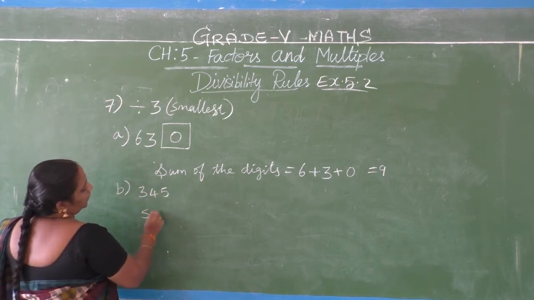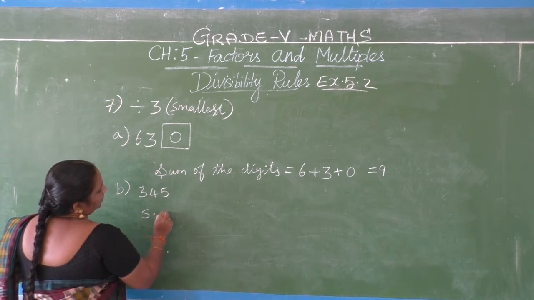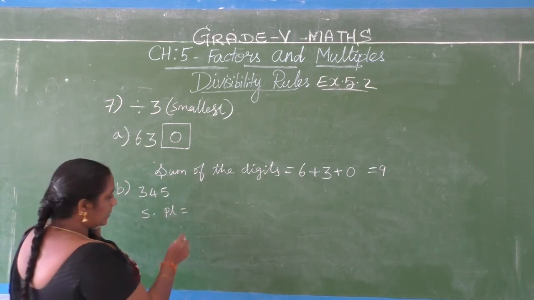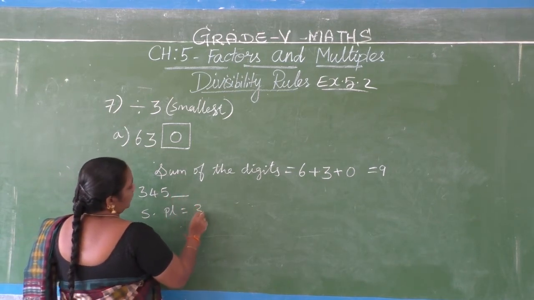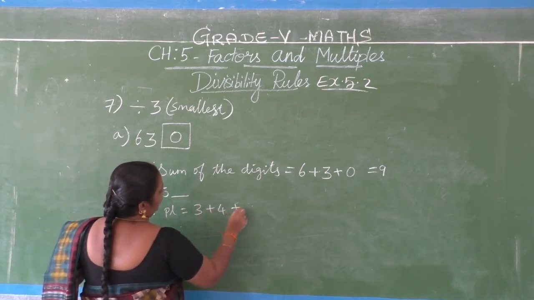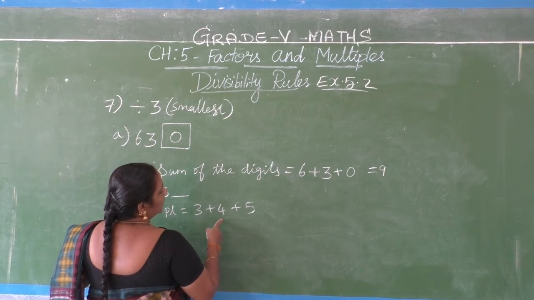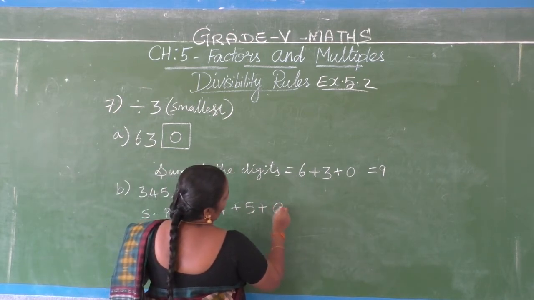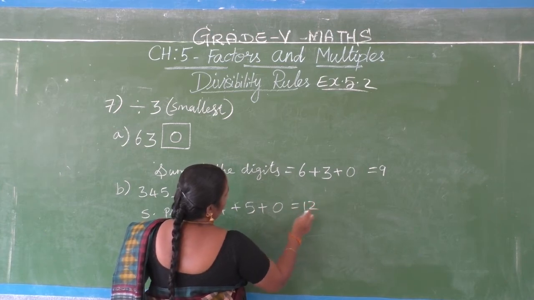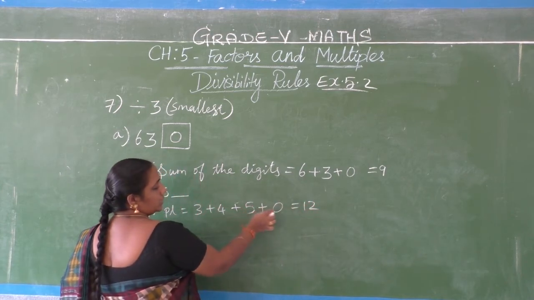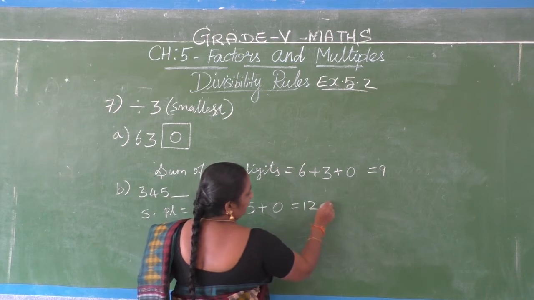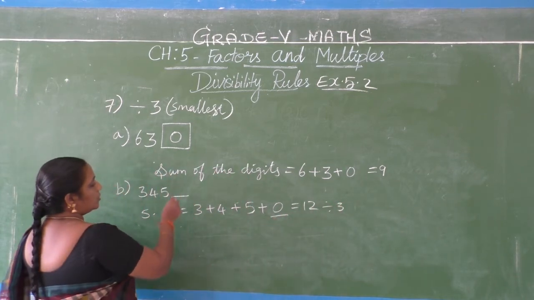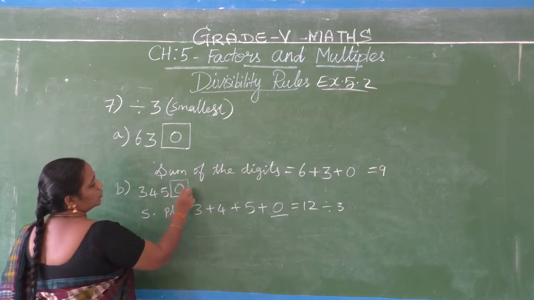See, the sum of the digits: 3 plus 4 plus 5. What will come? 5 plus 4, 9, 10, 11, 12. So here also you fill with 0 only, because the sum of the remaining digits is 12. Is 12 divisible by 3? Yes. So what is the smallest number? 0 only for the second sum also.